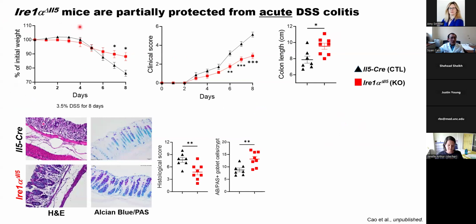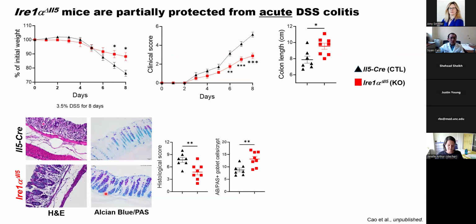For those conditional knockout mice, I challenged them with acute DSS colitis to look at their response. Here you can see the knockout mice were partly protected from acute DSS colitis, as indicated by the weight changes, clinical scores, and colon lengths.